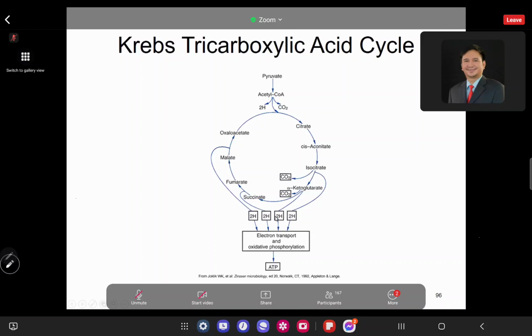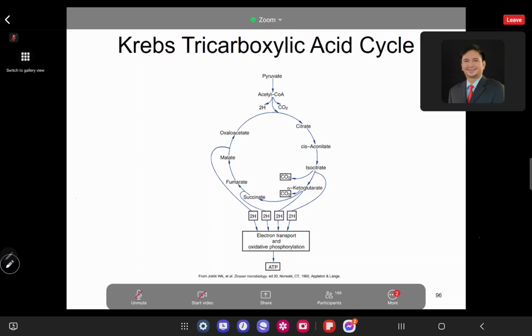Again, what is the relevance of your TCA cycle? Fundamental for energy production in aerobic bacteria and human cells. Disruptions in the cycle can indicate metabolic disorders or be exploited by certain pathogens.